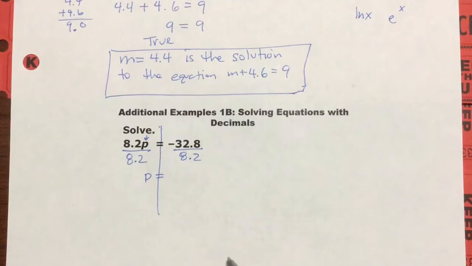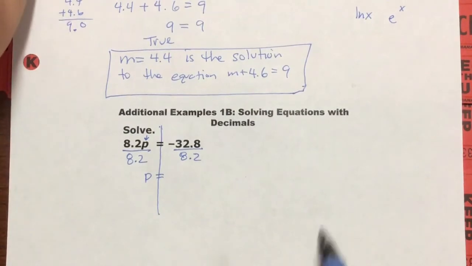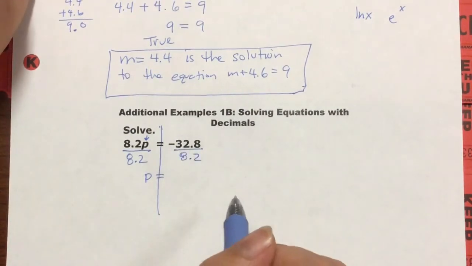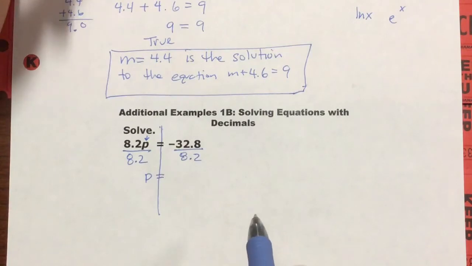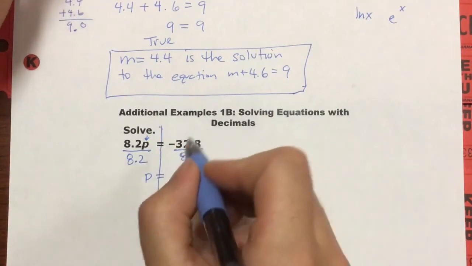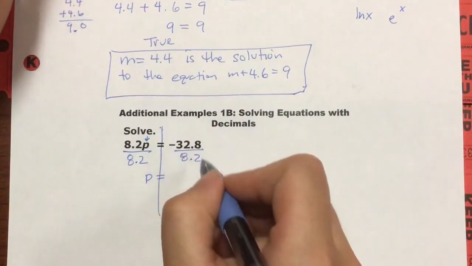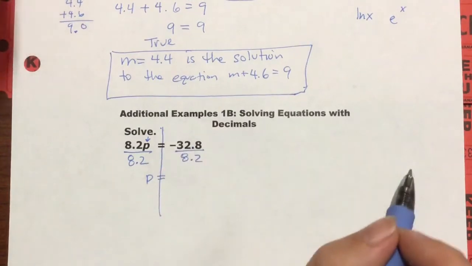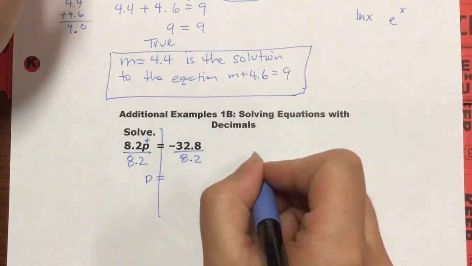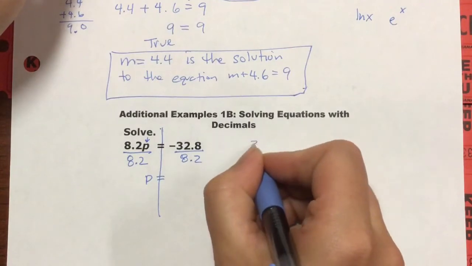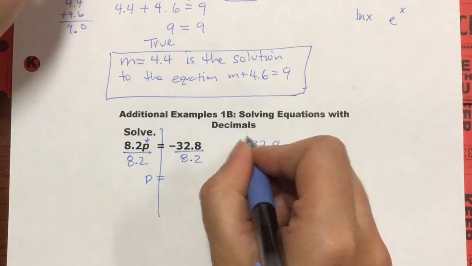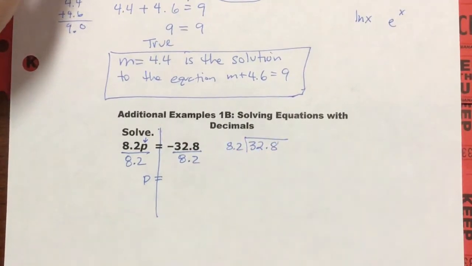So we now have p all by itself, and we just need to do this little division of decimals. So we have negative 32.8 divided by 8.2. I'm not going to worry about the negative right now. I'm going to deal with that later. So we have 32.8 divided by 8.2.